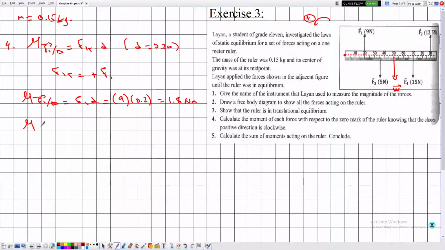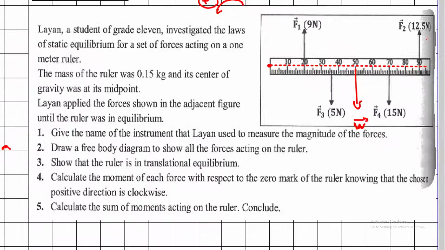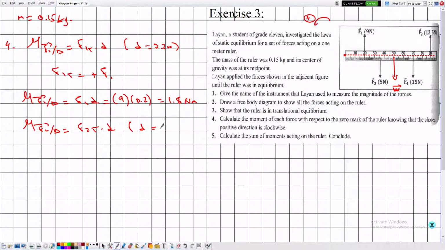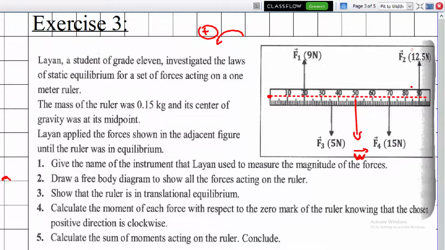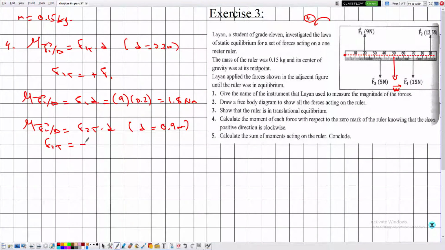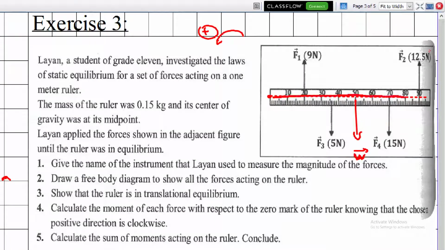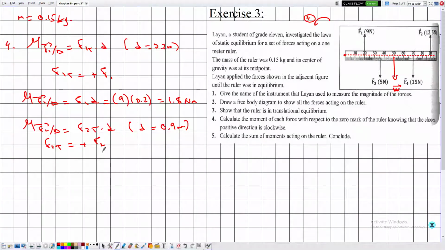Now as for the moment of F2 around delta, it is equal to F2 tangential multiplied by d, in which d is given by 90 centimeters, which is 0.9 meters. Now F2 tangential, notice that F2 will try to rotate the system in the positive direction, so it's plus F2. This is the radial direction, so the tangential direction is normal, so it's completely lying, so no cosine.